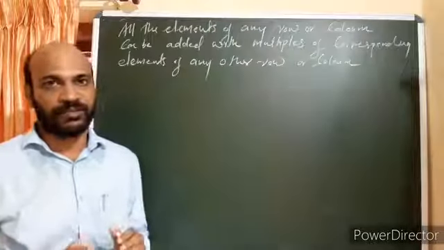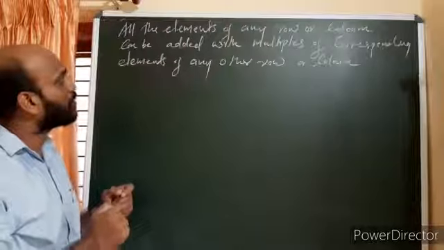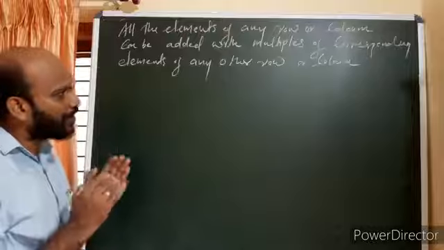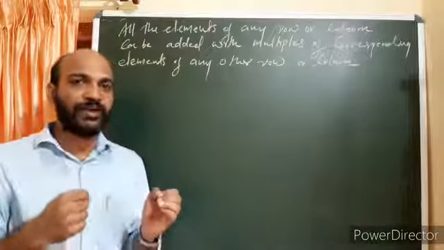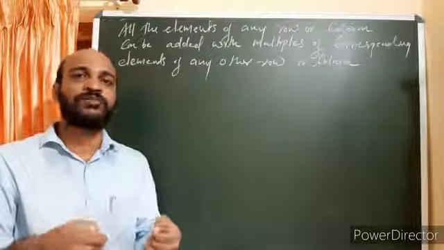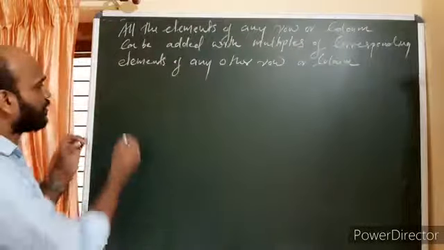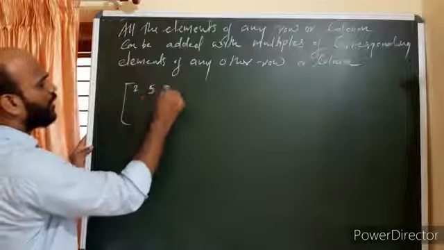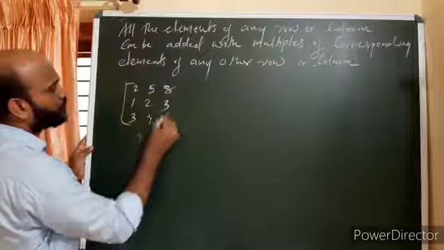Now rule 3. This one is the most important rule. All the elements of any row or column can be added with the multiples of corresponding elements of any other row or column. That means to each element of any row, we can add, suppose, 5 times the corresponding elements of any other row. I will explain with one example. Consider one matrix 2, 5, 8, 1, 2, 3, 3, 4, 5.